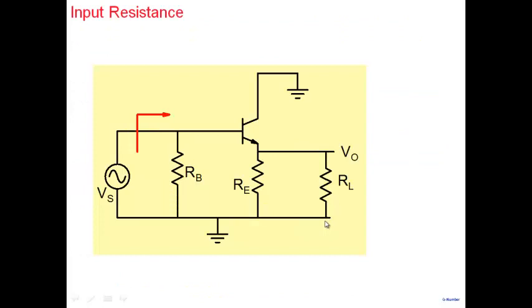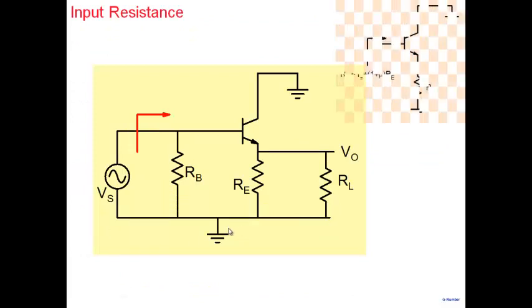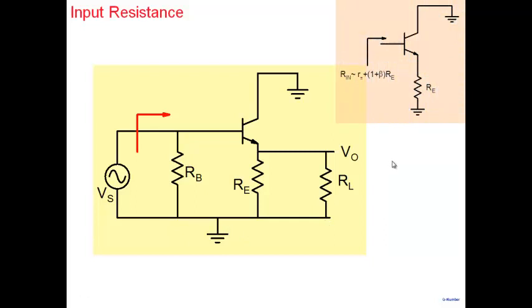All right, input resistance of this stage. So that's relatively easy to calculate now. We have seen that if you look into the base of an amplifier, this is the base of a transistor, and this is a small signal circuit. So what you see here between base and emitter node is r pi. The first term is r pi here. And the second term, whatever is connected in the emitter, RE, gets multiplied by 1 plus beta.